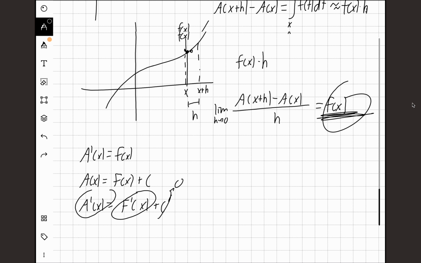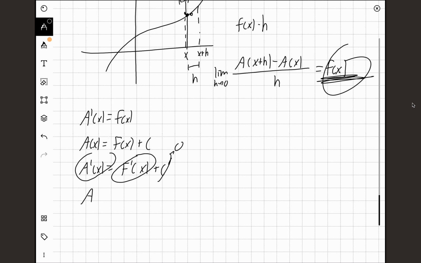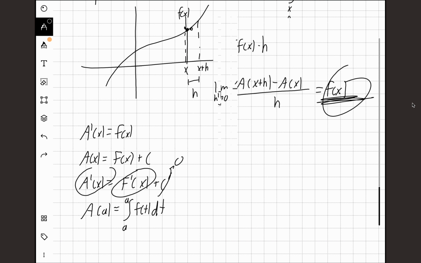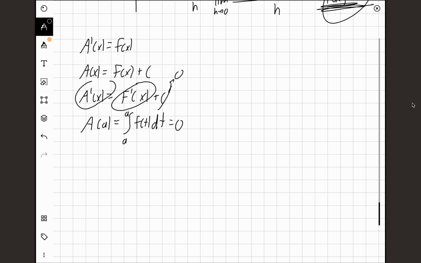But now, a crazy thing is I can evaluate my function A at the point a, and that will just be the integral from a to a of f of t dt. Remember, our function A of x finds the area of this function from this point a onwards. So if I find the area at the point a, the area will just be a straight line. It will be 0. So this will be equal to 0. But A of a, we said A of x can equal F of x plus c.